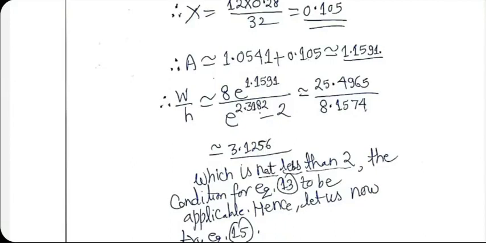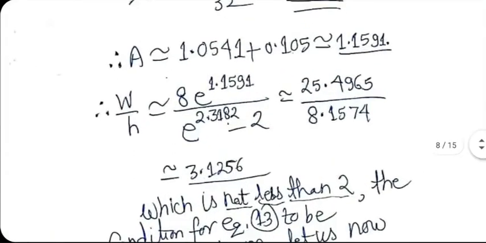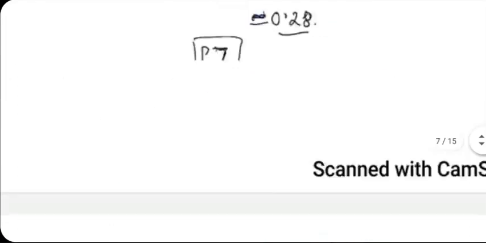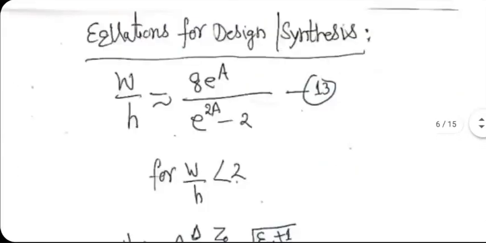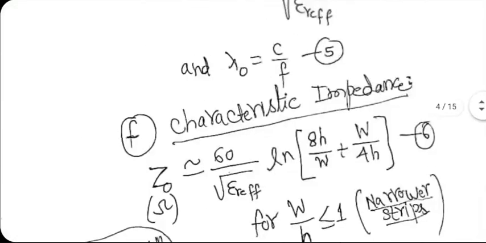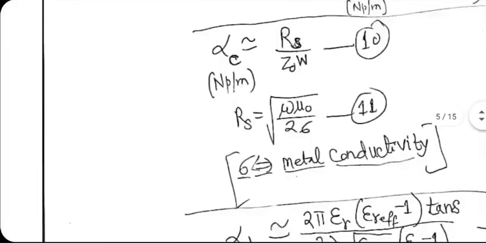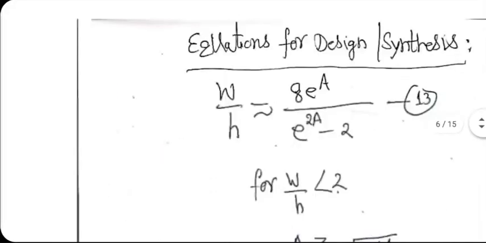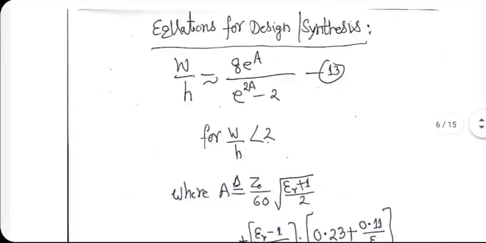I get W divided by H, the aspect ratio, as 3.1256. But look at the validity of the equation. Equation 13 was valid for W by H less than 2, but we are getting W by H greater than 2. So this equation's use is not correct. We should actually use the other one.